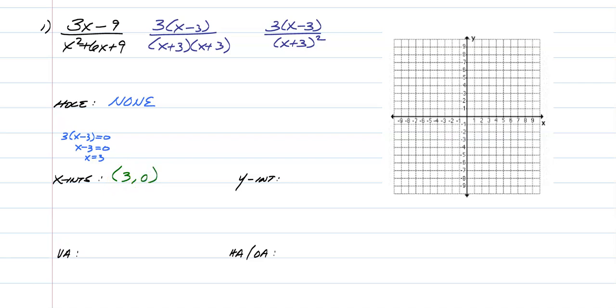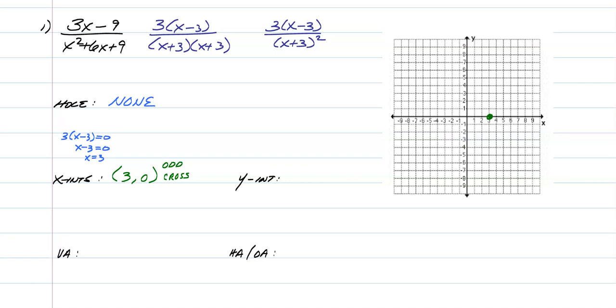I want you to notice it is odd, which means it's going to cross through. Remember, if it's a multiplicity of 2, that's where it bounces. So now that we found (3, 0), we are going to go place (3, 0) on the graph right now, so we don't forget about it later.